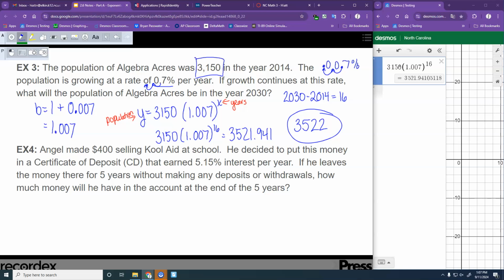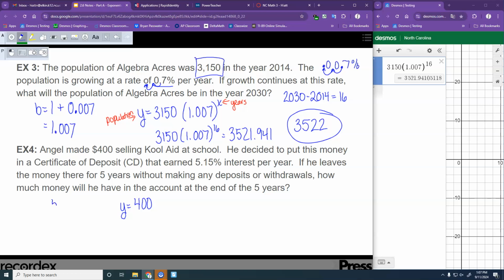So a certificate of deposit is like a savings account sort of that you cannot take the money in and out of. You just have to let the money stay there for whatever term we have here. So whenever we write our equation for this, he starts off with $400. And he is earning 5.15%.